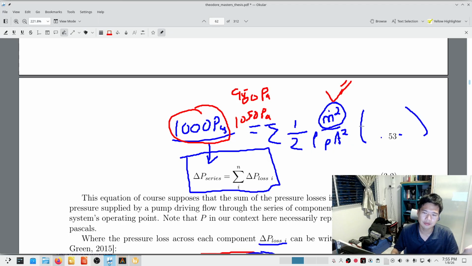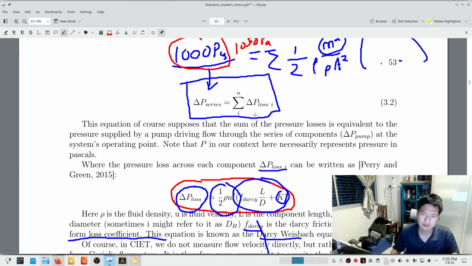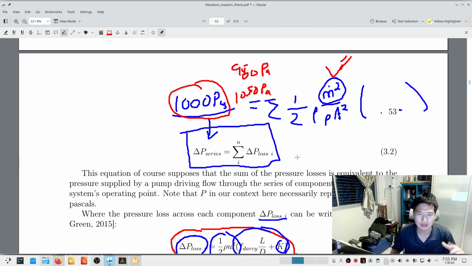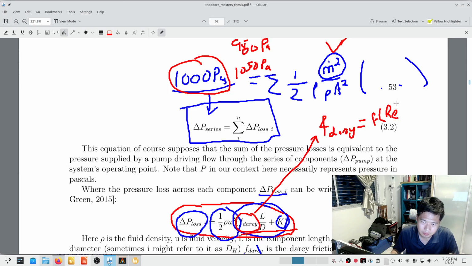Of course, if things were simpler, if this term here was constant, we wouldn't even have to do this guessing back and forth process. Unfortunately that's not the case. This Darcy friction factor is a function of the Reynolds number, and this Reynolds number is a function of the mass flow rate.